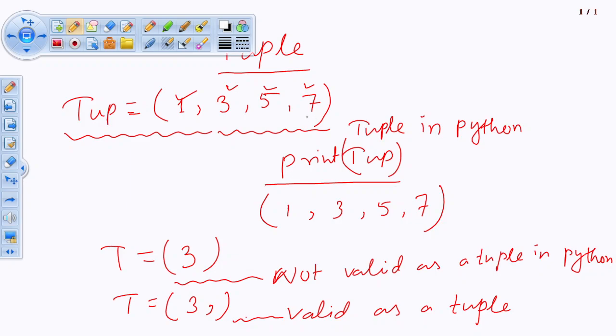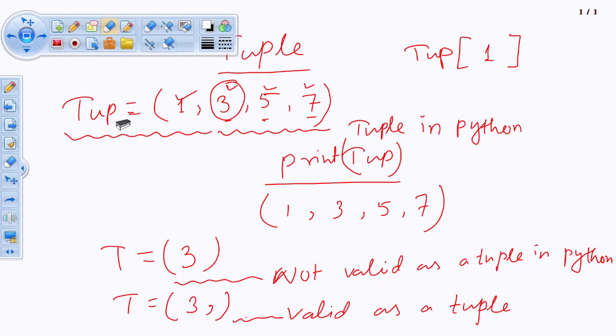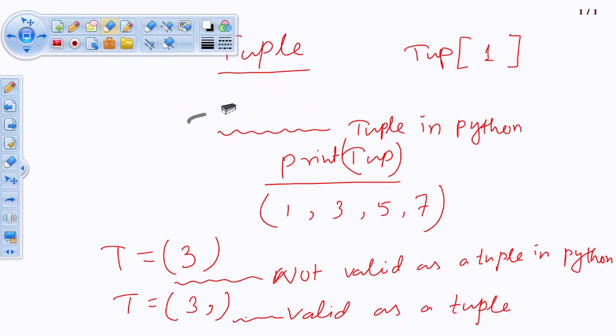Now if I want to access any of these elements, I have to write tup with a square bracket. If I write 1, this will denote the element 3. But how? Now let's see how. So, indexing in tuple.